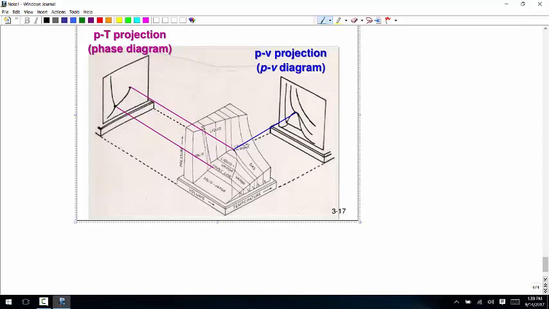That's the phase diagram. That's the first thing we're going to talk about. And notice the phase diagram is different from the other two in that we're not going to look at it in terms of slices at different specific volumes. All the other ones we're going to look at as different lines that represent different values of the property that's not shown. But this one, we're not going to do that.